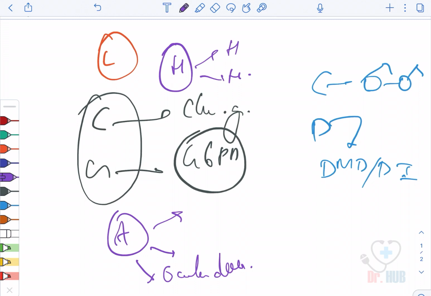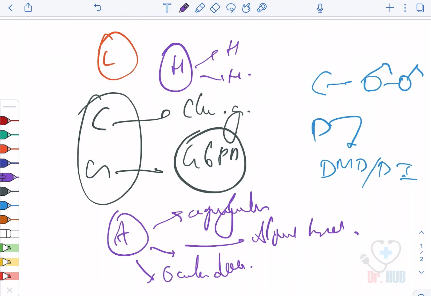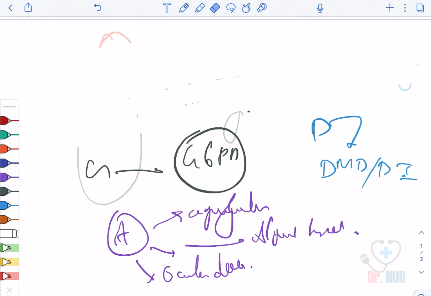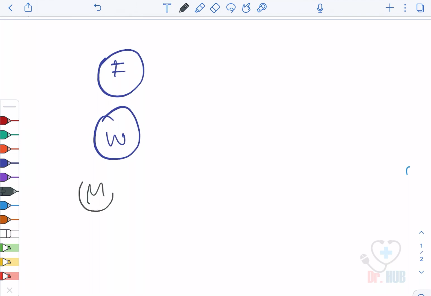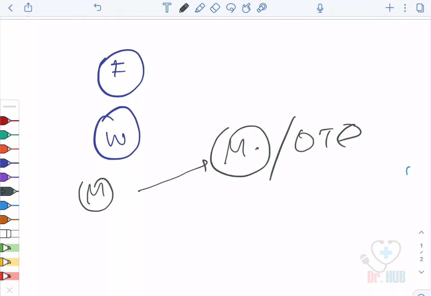Next there is also the A gamma globinemia as well as the Alport syndrome. So moving ahead, we also saw the letter F. F for the Fabry disease and W for Wiskott-Aldrich syndrome and other miscellaneous such as the Menkes disease and the ornithine transcarbamylase deficiency.